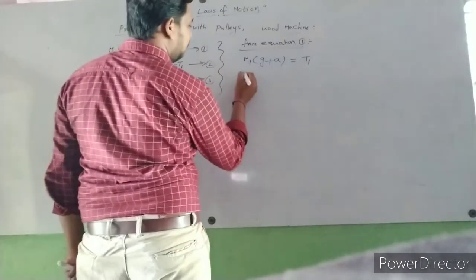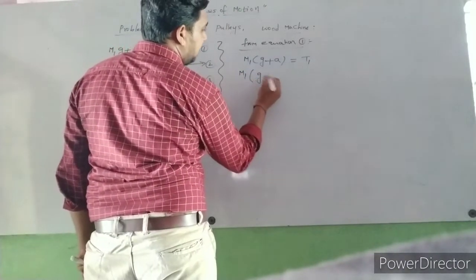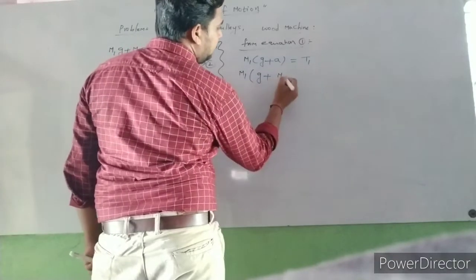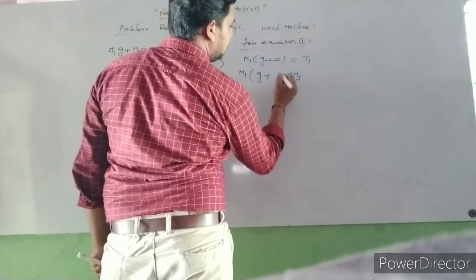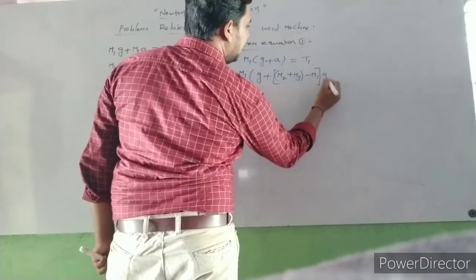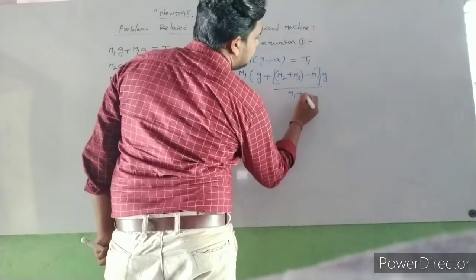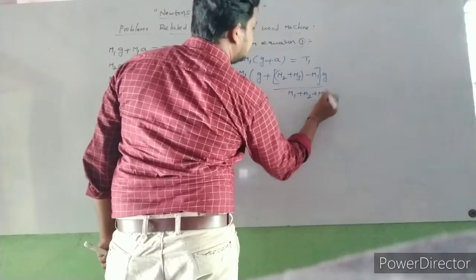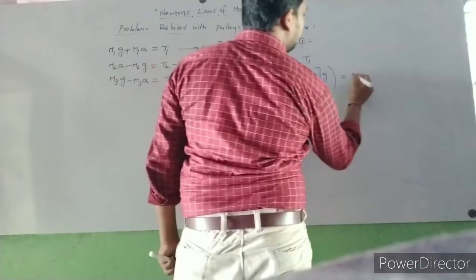From this, M1 times G plus the acceleration value, M2 plus M3 minus M1 into G by M1 plus M2 plus M3, that is equal to T1.